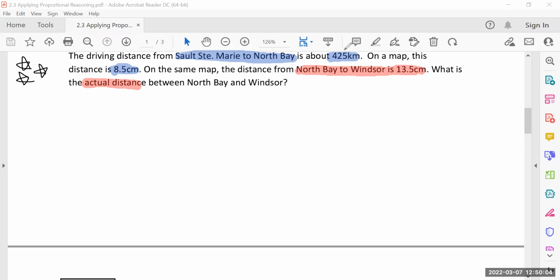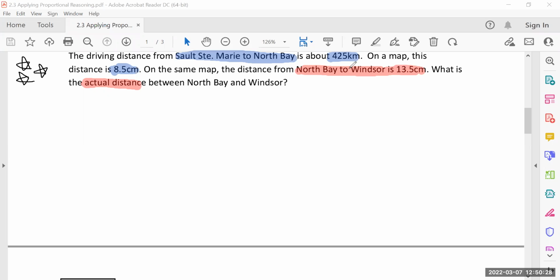You can do real life to real life and then map to map. What would you do? Somebody else. What would you want to set up your fraction as or your ratio as? Real life to map, or map to map.